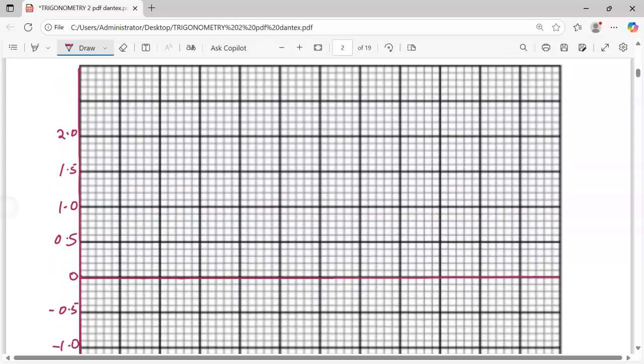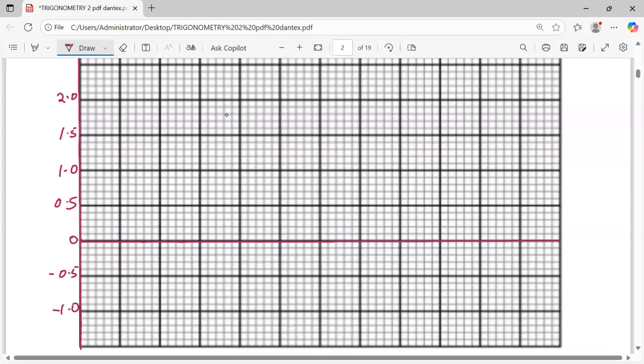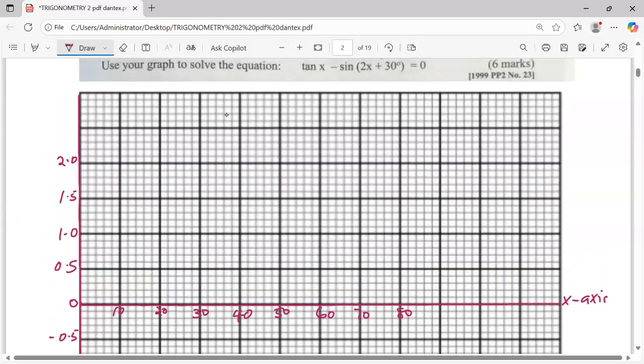And from 0, next is going to be 10 degrees, 20, 30, 40, 50, 60, 70, and 80 up to this point there. This is the x-axis, and this is the y-axis.